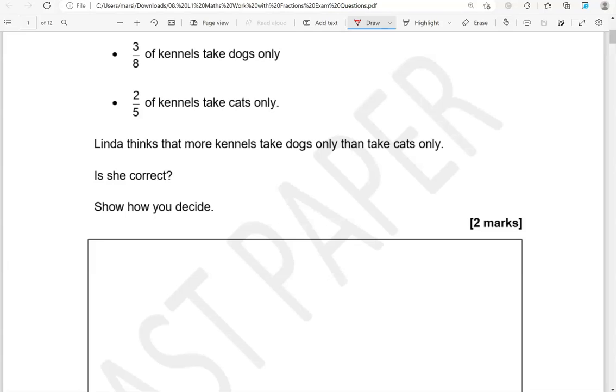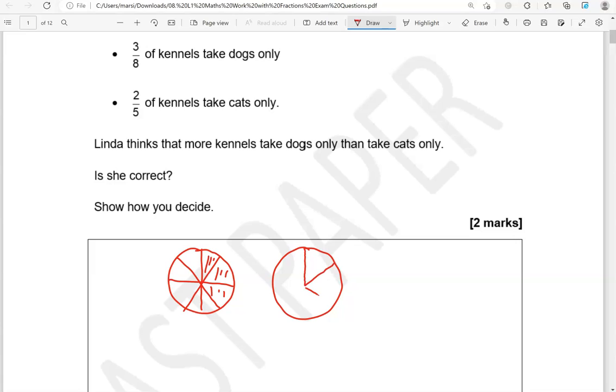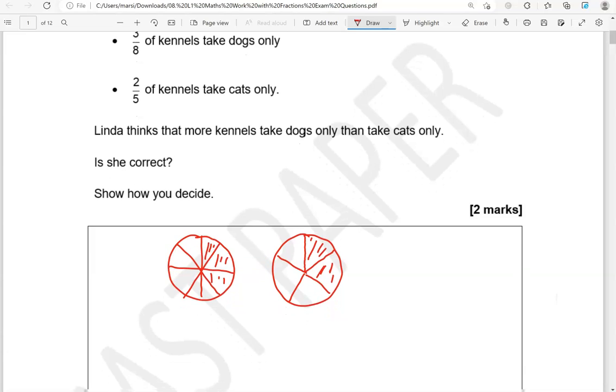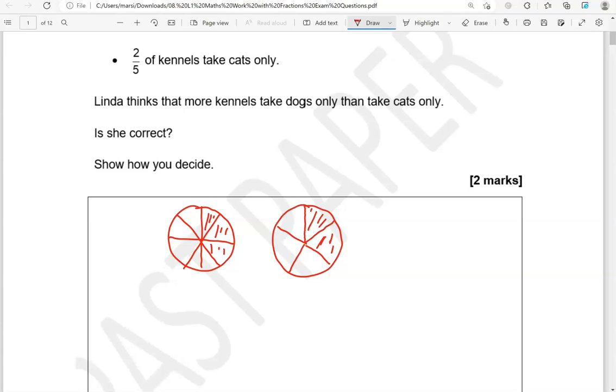So we've got 3/8 and 2/5. Obviously, these are split into different sizes of slices, so we need to cut these two into an equal number of slices.